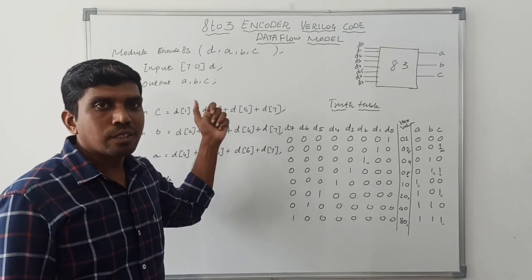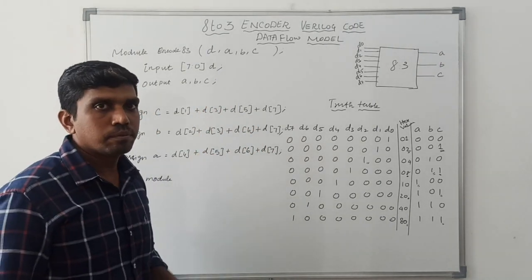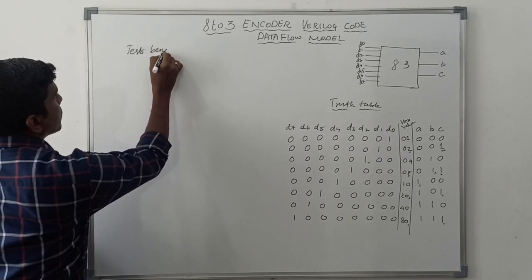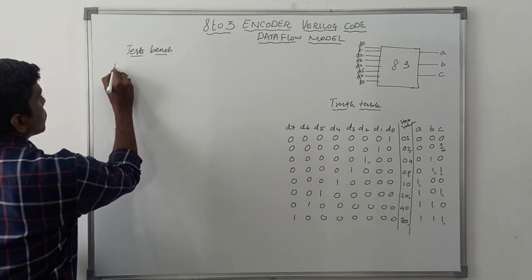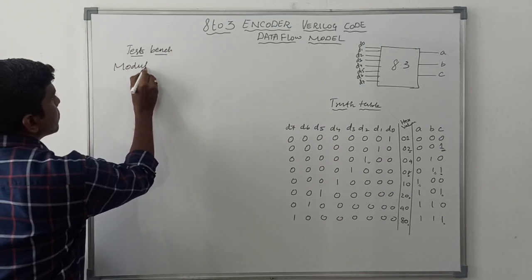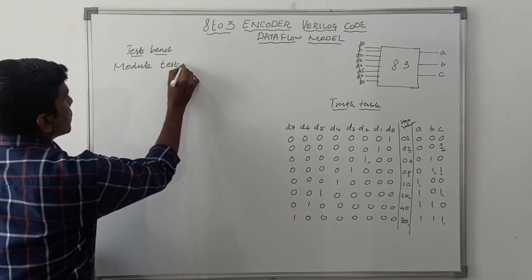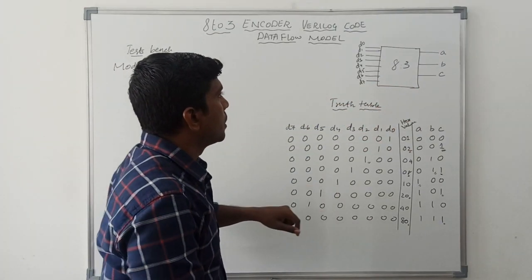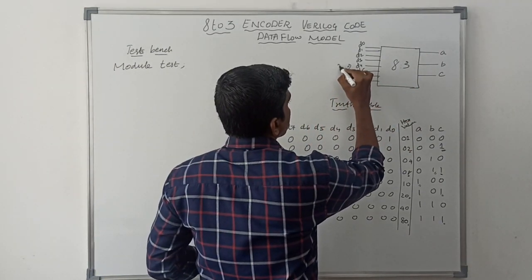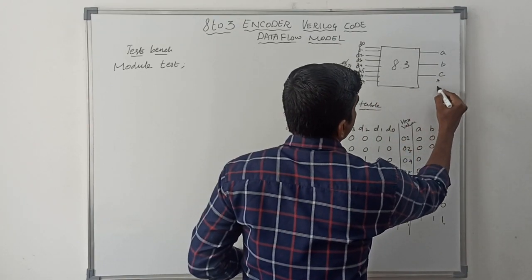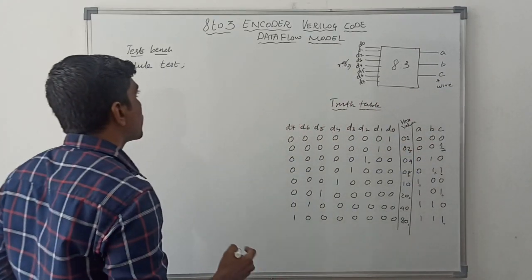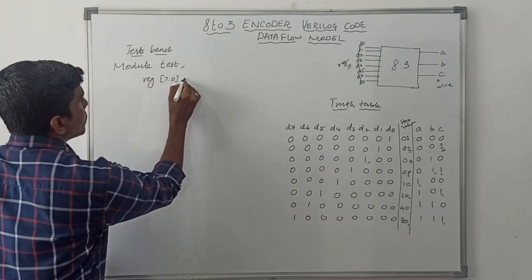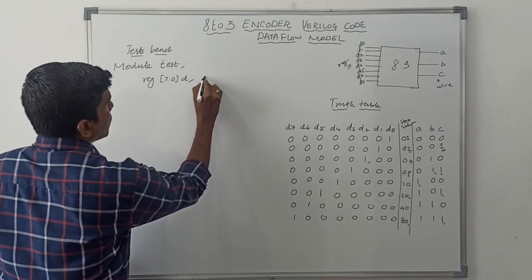Now I am going to write the test bench Verilog code for the same. Coming to the test bench code, as usual, first write module. The module name is test. Then declare the input variables and output variables. The input variable is declared as reg and the output variable is declared as wire. So reg [7:0] D; semicolon.